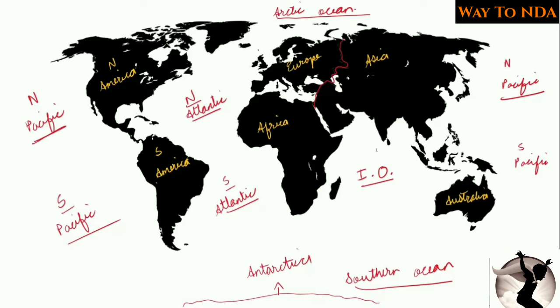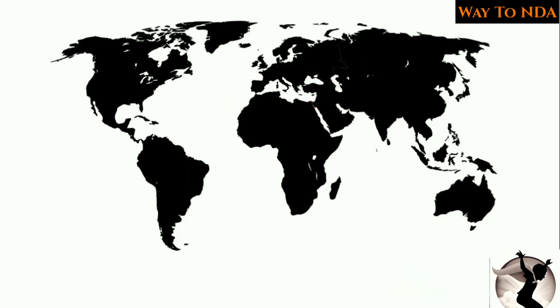Now let's see which are the important seas and the small water bodies around the continents. First, here this is the Bering Sea. Then this one is the Sea of Okhotsk. This is the Sea of Japan.